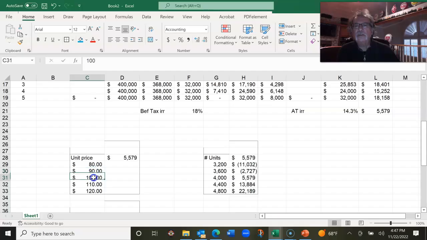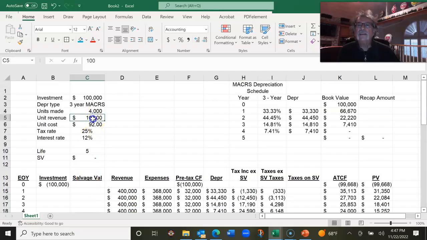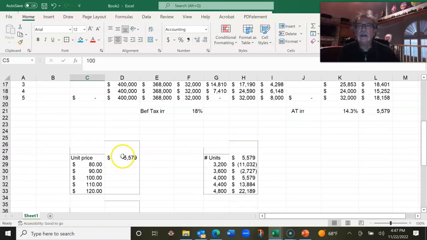I can hard code these numbers in. It's important that you don't refer back to this cell because it'll mess this up. This is the performance variable, L21, right there. And so these are hard-coded in, and basically what I do is I highlight this range.